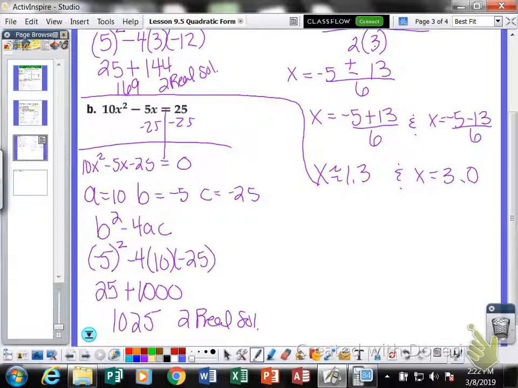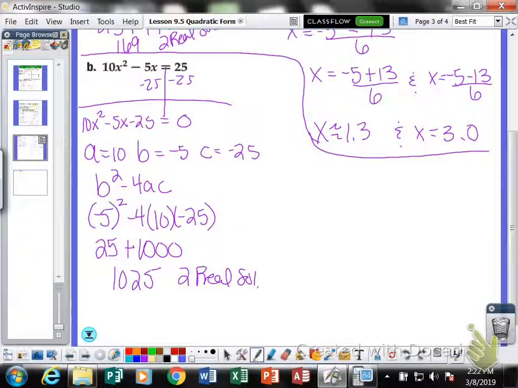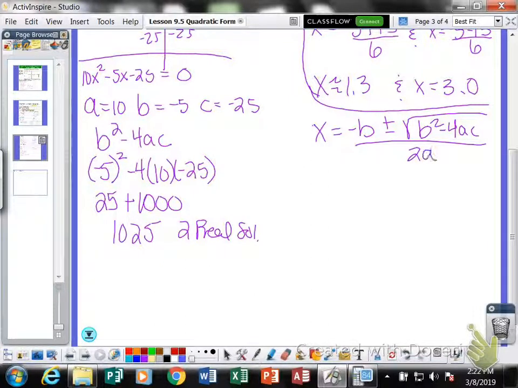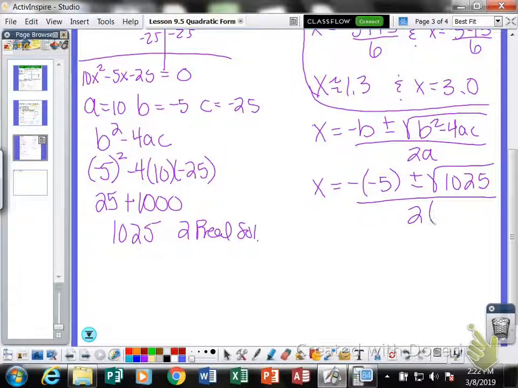So then I come over here to my formula, and I apply my formula. So then I get x equals negative b plus or minus the square root of b squared minus 4ac all over 2a. x equals a negative 5 because b was negative, so a negative, plus or minus the discriminant, which we said was 1,025, all over 2 times a, which we said was 10.